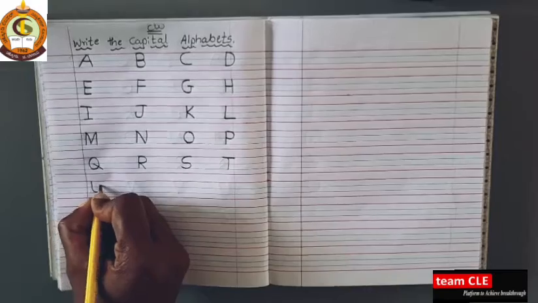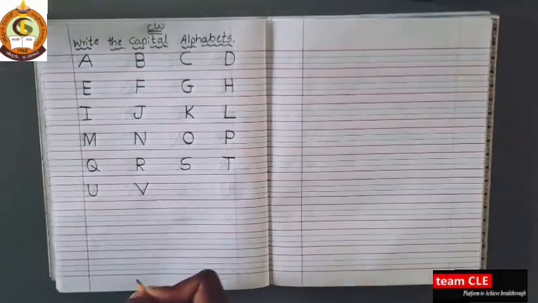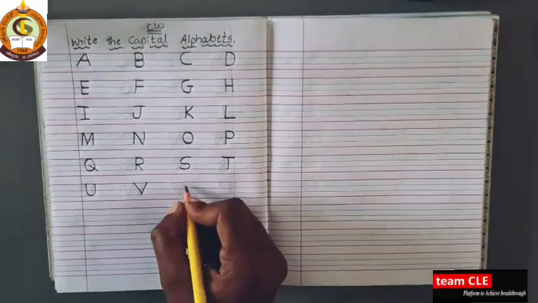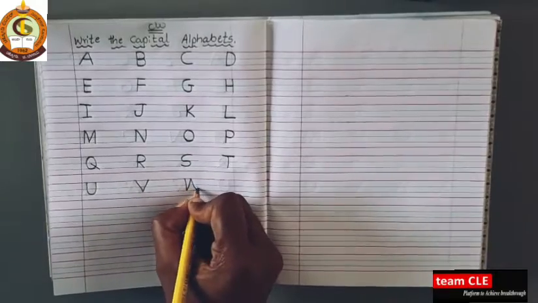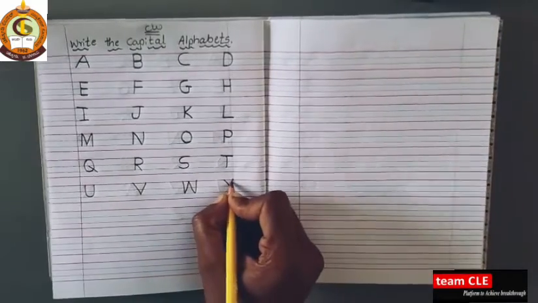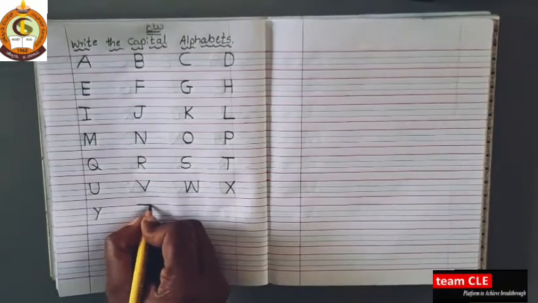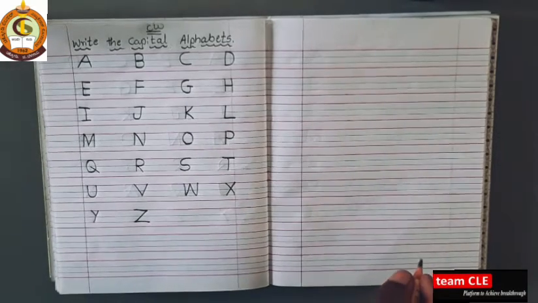U. U for umbrella. V. V for van. W. W for watermelon. X. X for Xmas tree. Y. Y for yak. Z. Z for zebra. So like this you have to say the alphabets and words and you have to write it.